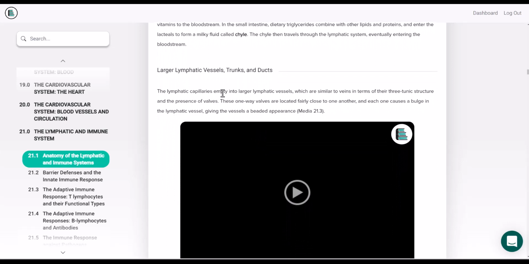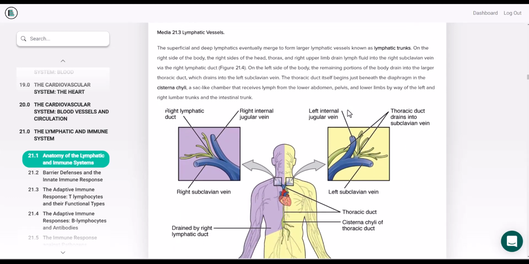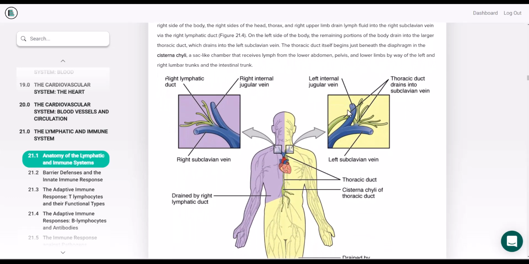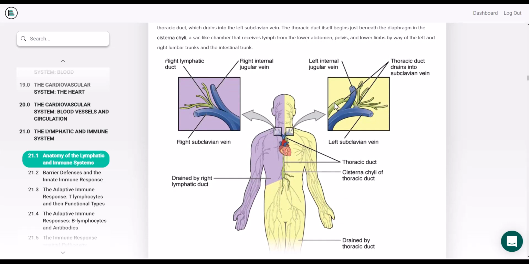These lymphatic capillaries merge into larger and larger lymphatic vessels, and then they eventually will merge all together back into the bloodstream. And we see that here. We see that on the left side. Here is what's called the thoracic duct.